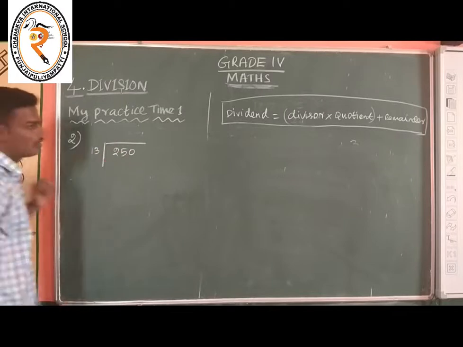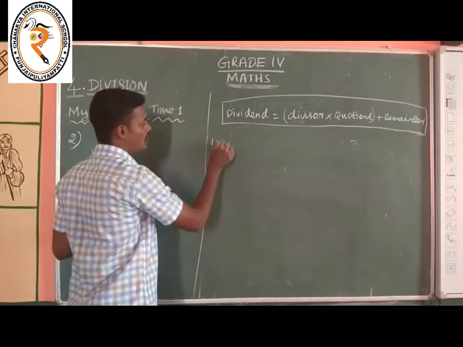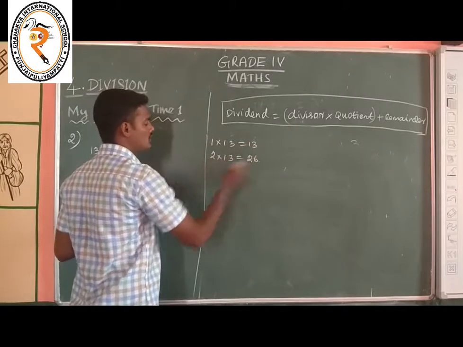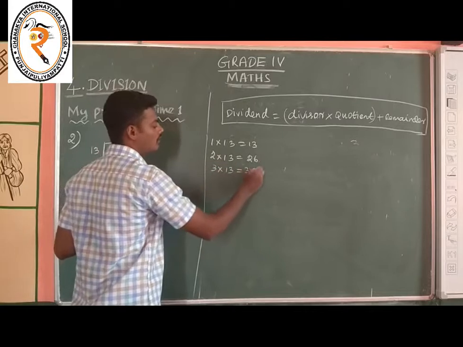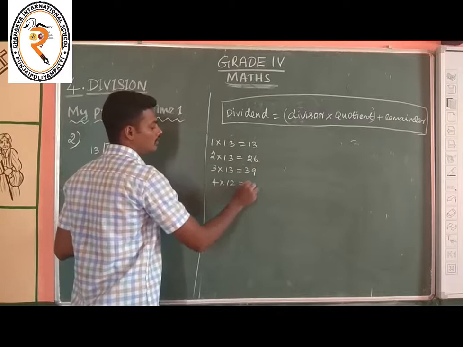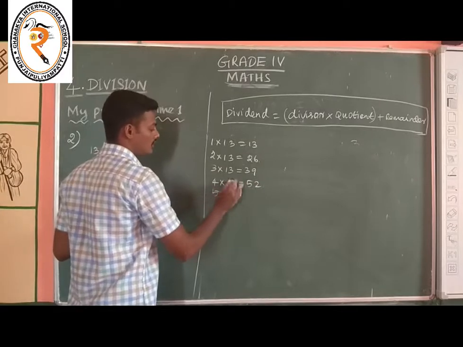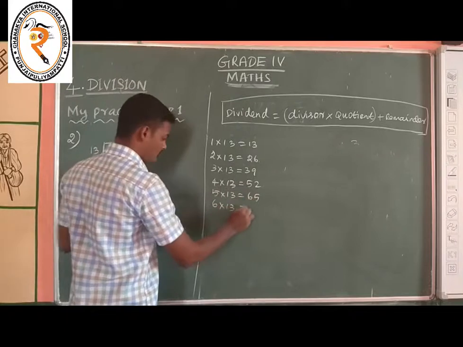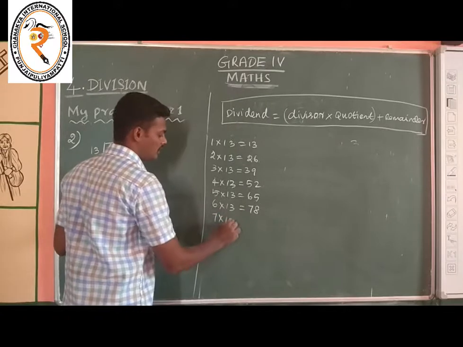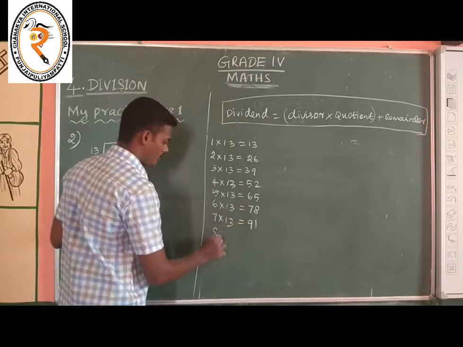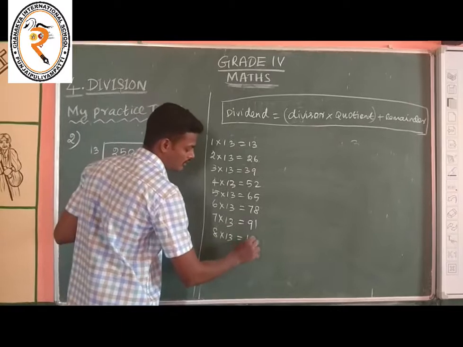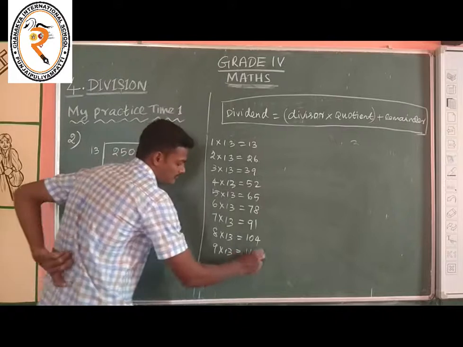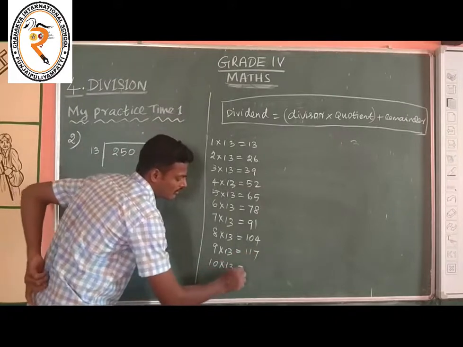First we write the 13th table. 1 13 is 13. 2 13s are 26. 3 13s are 39. 4 13s are 52. 5 13s are 65. 6 13s are 78. 7 13s are 91. 8 13s are 104. 9 13s are 117. 10 13s are 130.